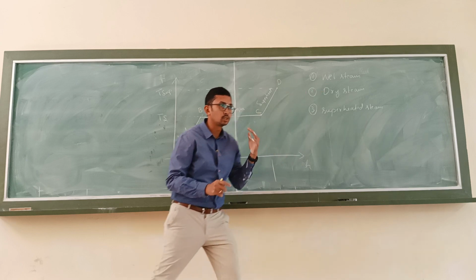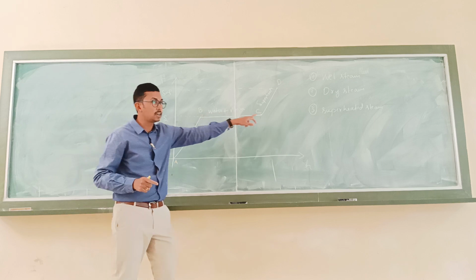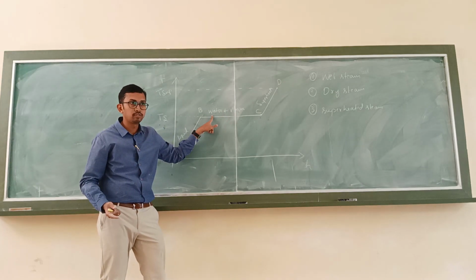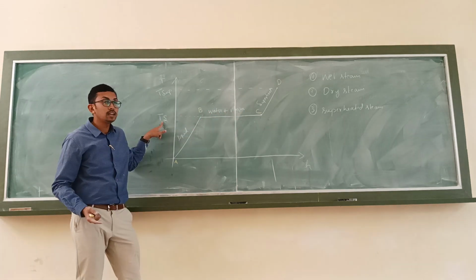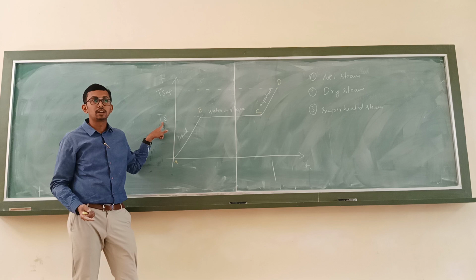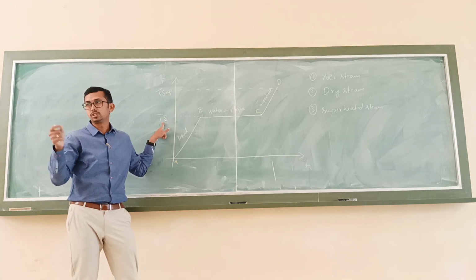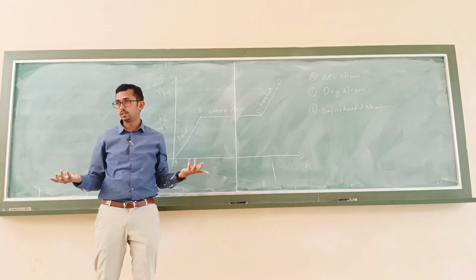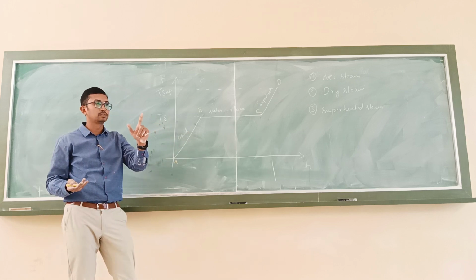Is it clear? Just by looking at the sketch you can tell me wet steam means between B and C. Easy. Just by looking at the sketch you have to tell me.